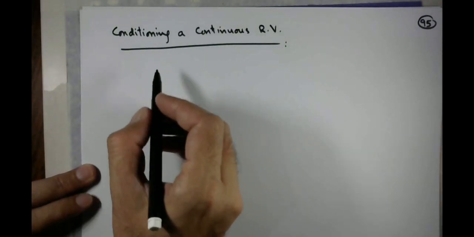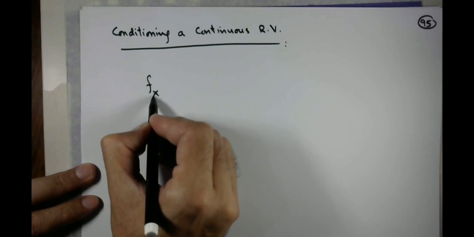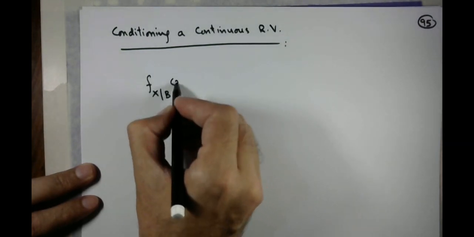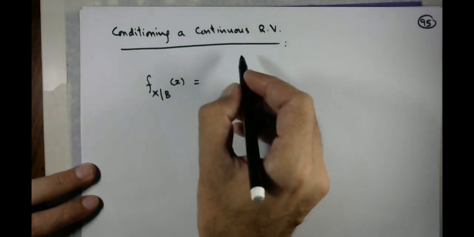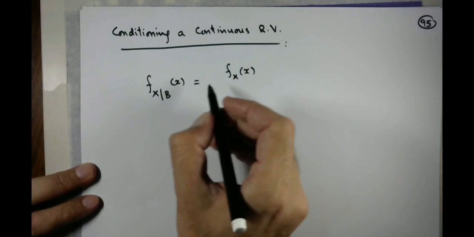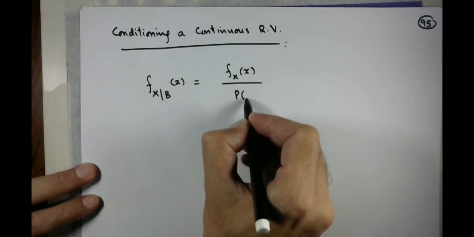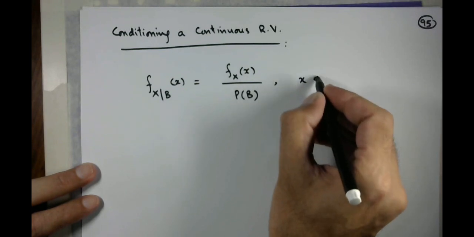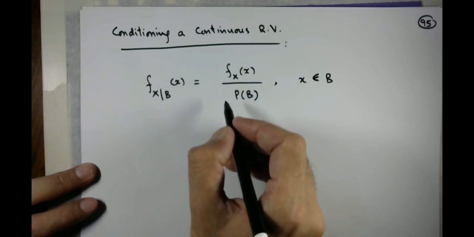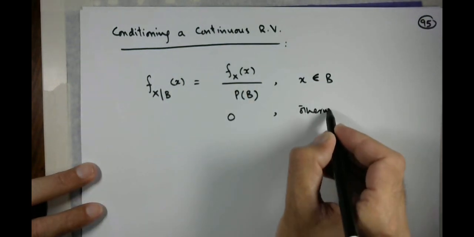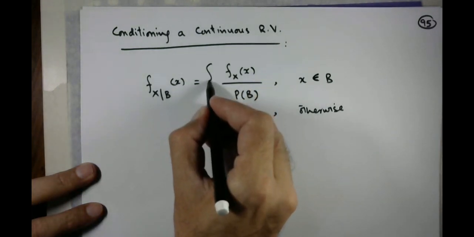So in case of continuous random variables, we'll write it as f sub x given b of x, and this is nothing but the PDF of the original random variable divided by the probability of the conditioning event, and obviously all x should be within b, and it is equal to 0 otherwise.